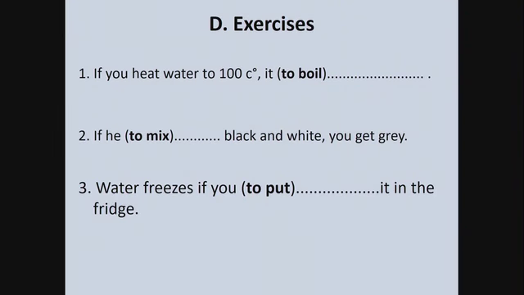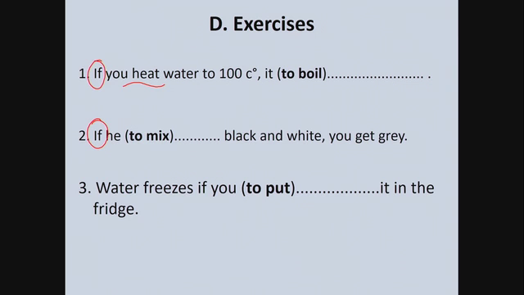Now, let's read. Number 1. If you heat water to 100 degrees Celsius, it, and the verb we have is to boil. Look, we have if. So in the if clause, you already have the verb heat. Have a look at sentence number 2.